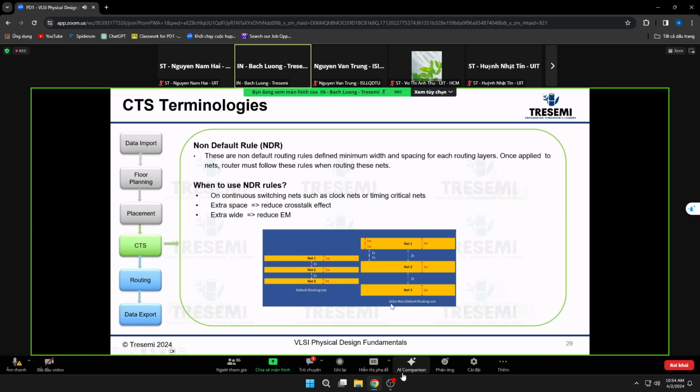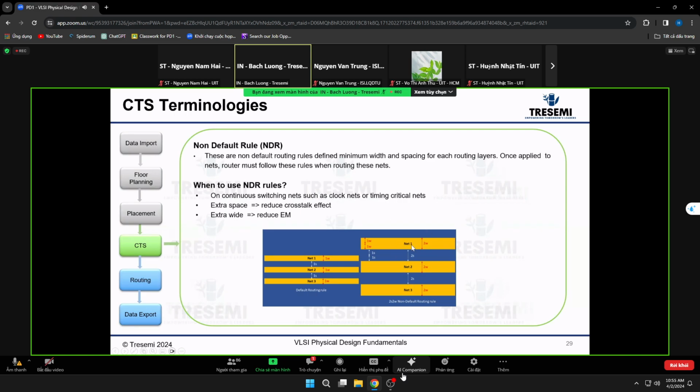We can also define 3 or 4, it depends on what we need. So we define these particular user-defined rules, and then tell the router to use that rule on certain nets. The NDR rules not only apply to clock nets, you can use them on signal nets, those critical nets that you want to have extra spacing, extra width. Okay.